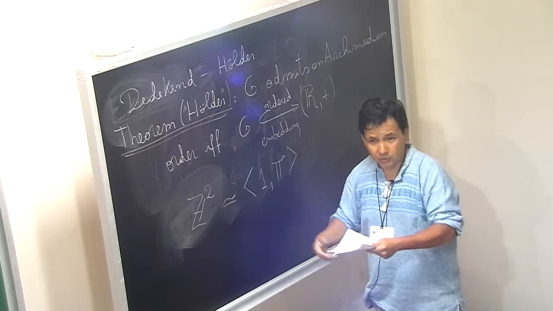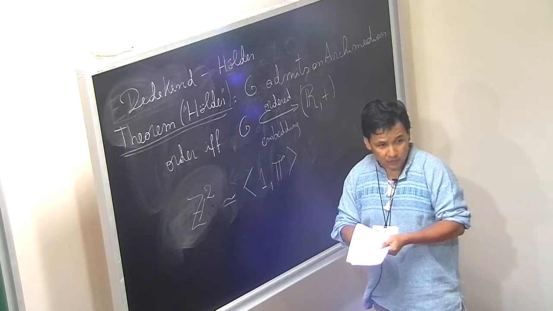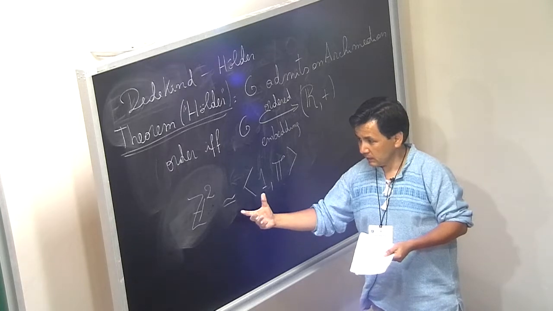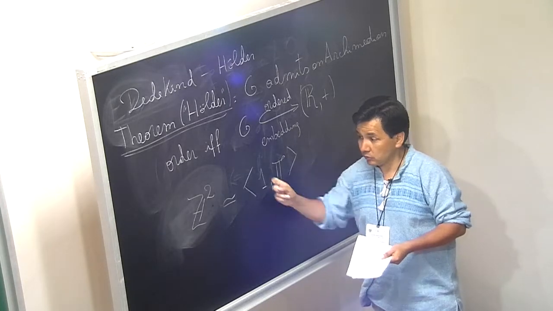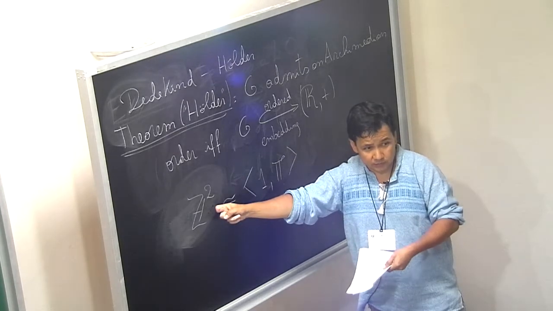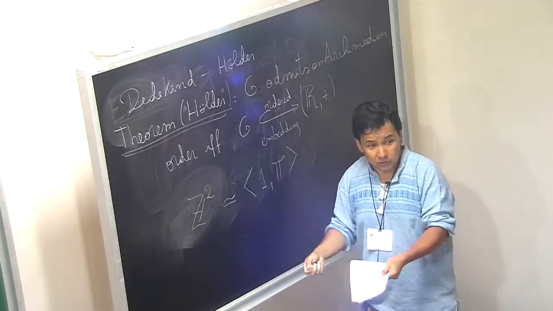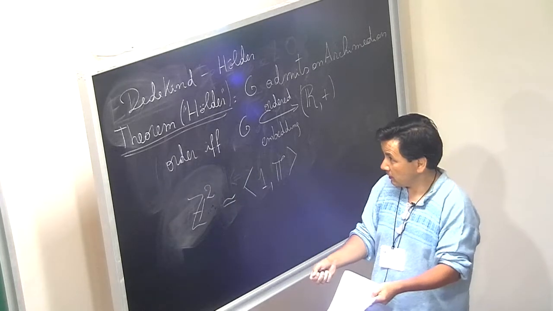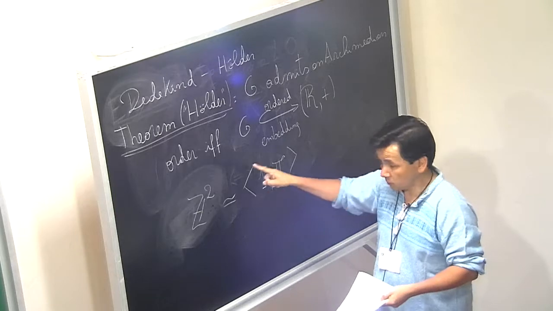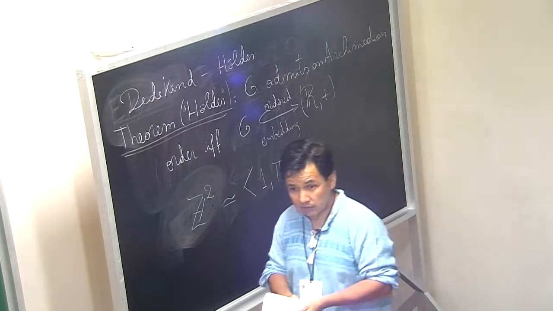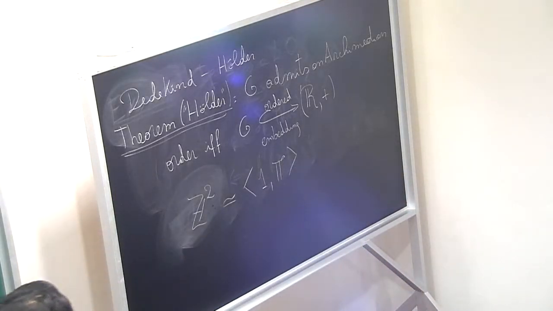And this is another way to order Z squared. Via this identification, what you get is an Archimedean order on Z squared. The lexicographic order is not Archimedean, but this order is Archimedean.